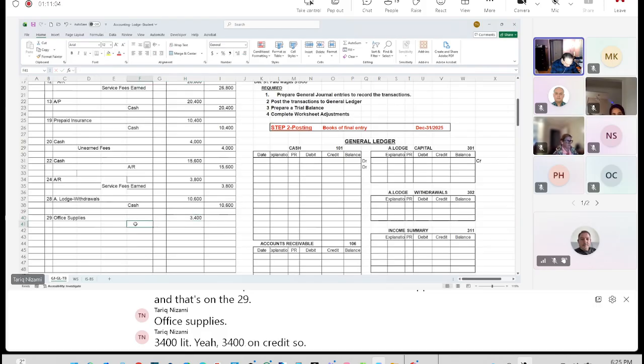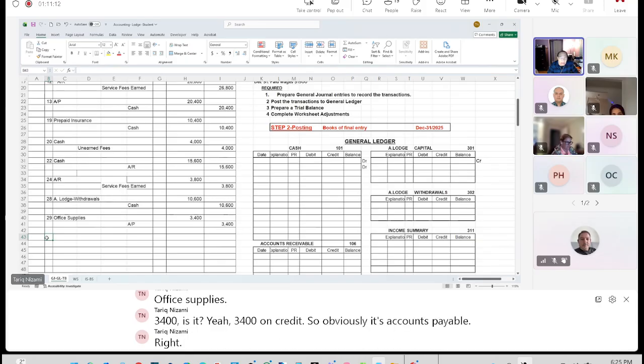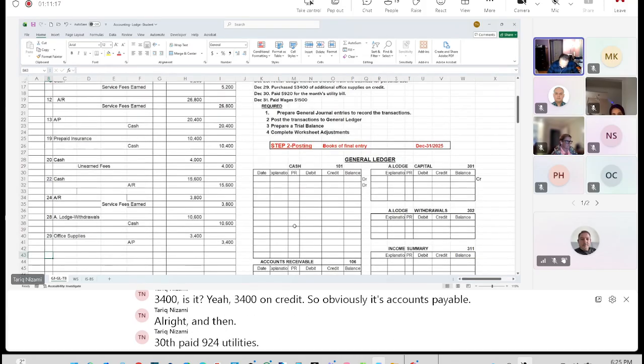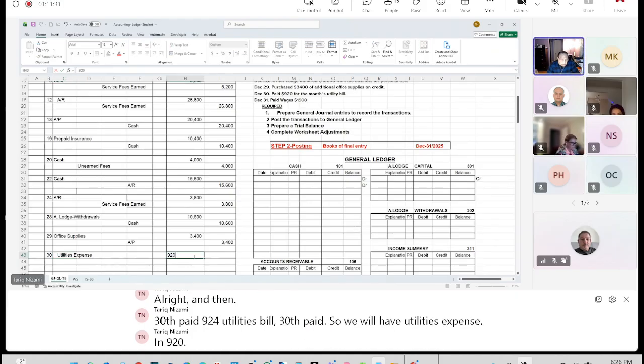So obviously it's accounts payable. All right, and then on the 30th paid 920 for utilities bill, so we will have utilities expense.